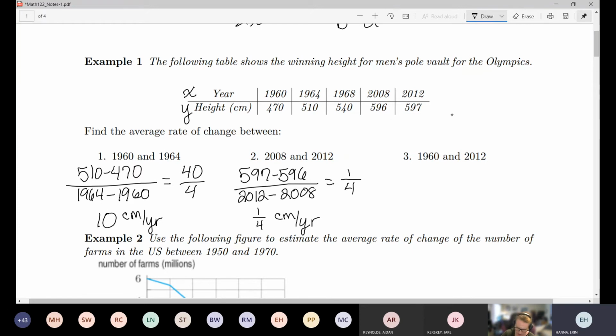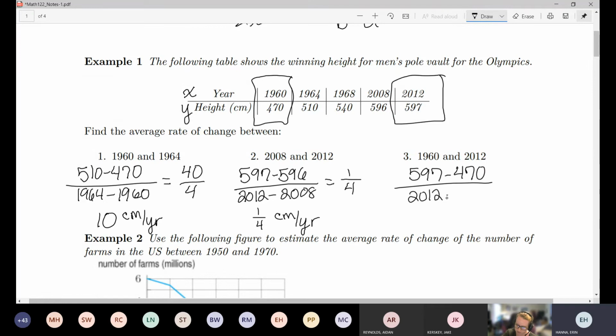And then, what about 1960 to 2012? We pull those two data points and find the slope between them. So 597 minus 470 over 2012 minus 1960.